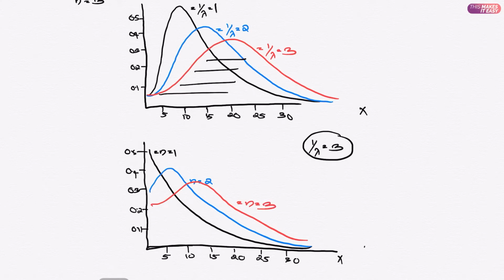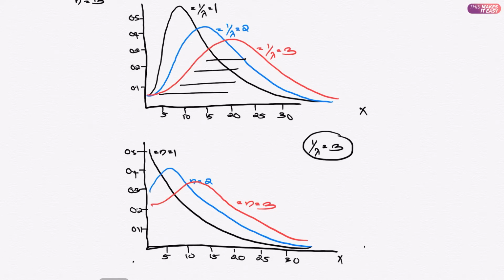Here the mean waiting time until the first event is fixed, that is 3. Then we have a greater probability of our waiting time x being large if we are waiting for more events. So it makes sense that for fixed mean waiting time, as n increases, the probability moves to the right.